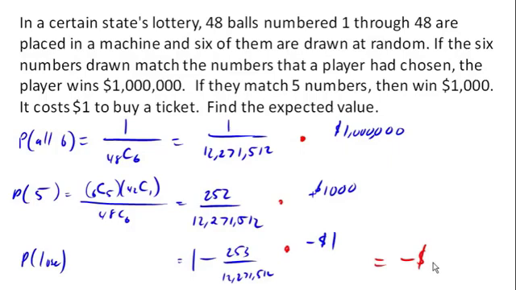In other words, if you play Lotto a whole bunch, you should expect, on average, to lose about 90 cents per ticket. Of course, most people lose their dollar, and only a few people actually win anything. But on average, you should expect to lose 90 cents.